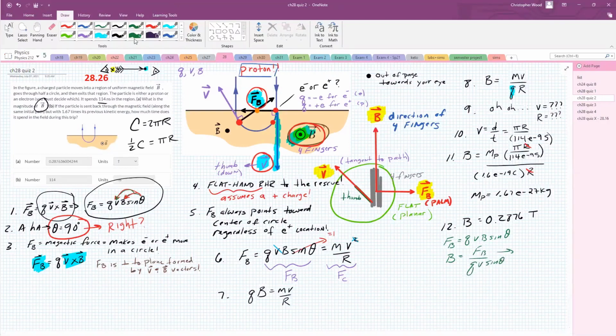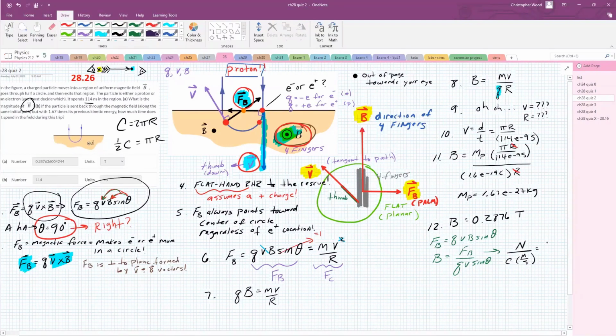So from a unit point of view, I have newtons per coulomb meters per second. Okay. And this is a Tesla. Okay, that's the answer to part A.